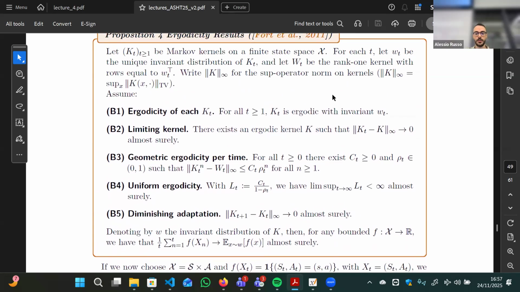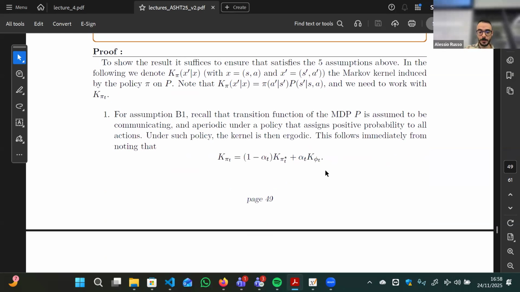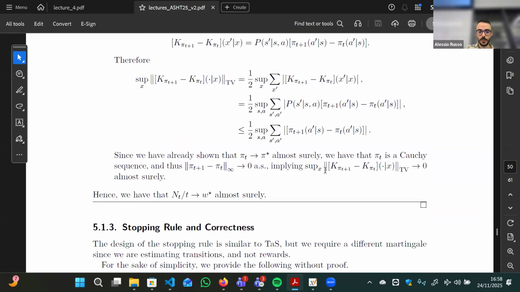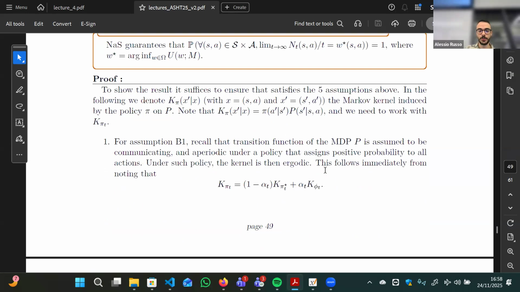These properties are simply that we are inducing an aperiodic and irreducible Markov chain at every time step. So once we have that, the result that the average selection frequency will converge to W star comes almost naturally. This holds almost surely. And this is basically all we need for the sampling rule.